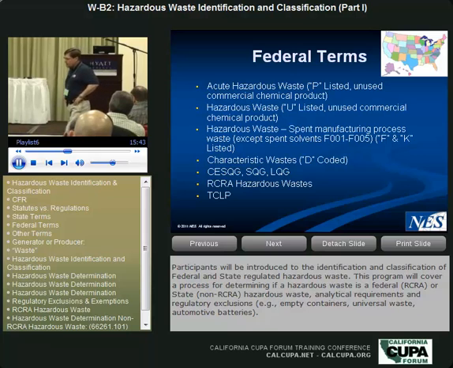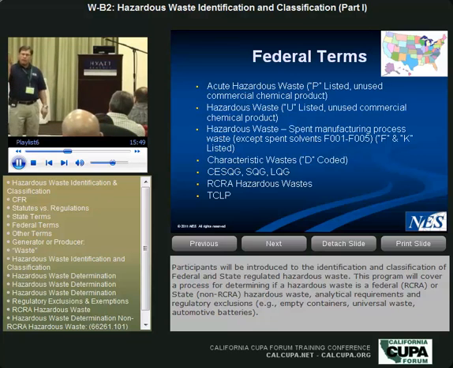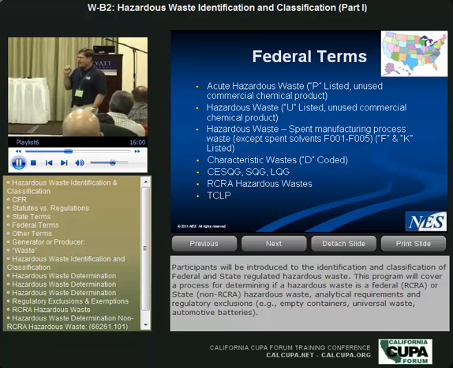We have waste that's considered to be ignitable, corrosive, reactive, and toxic. Similarly, in the state of California, we have wastes that are considered to be, ready? Ignitable, corrosive, reactive, and toxic. And it's essentially the same 4 characteristics by name. 2 of them are identical by definition, and there are differences for the other 2. But both the state and the federal government actually have a characteristic for what defines a hazardous waste using particular criteria.